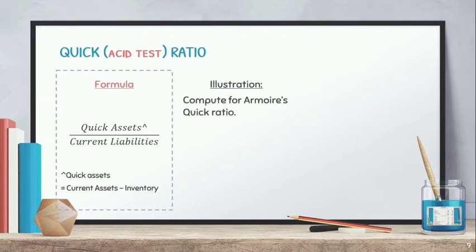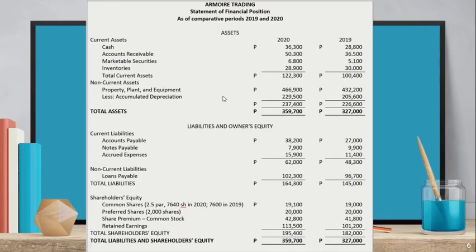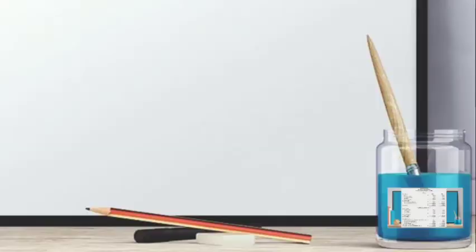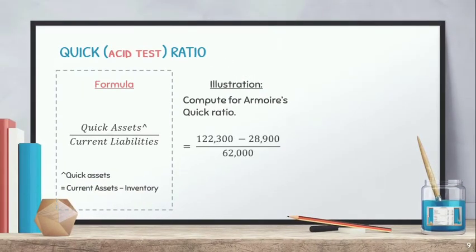So for our example, compute for Armor's quick ratio. Going back to our balance sheet, we need our current assets, which is 122,300. Then, our inventories, 28,900. So, 122,300 minus our inventories of 28,900 gives us quick assets of 93,400, divided by our current liabilities of 62,000.